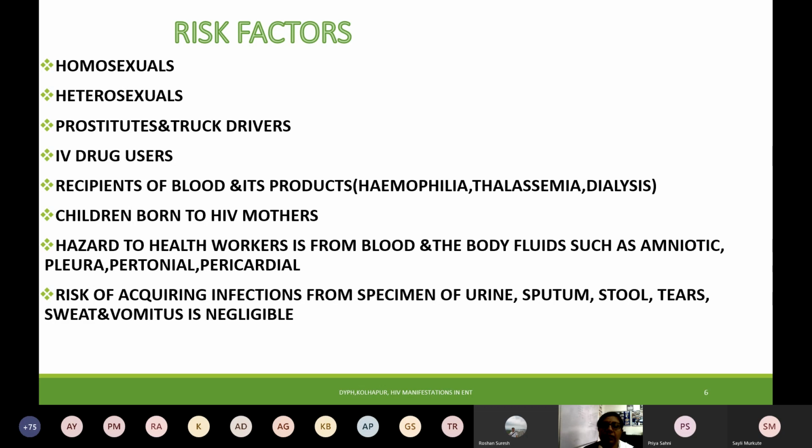The hazard to health workers is from blood and body fluids such as amniotic, pleural, peritoneal or pericardial fluid. The risk of acquiring infection from specimens of urine, sputum, stool, tears, sweat and vomitus is negligible.